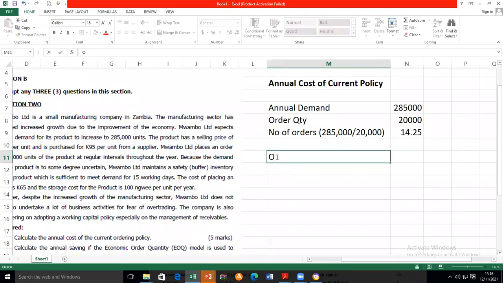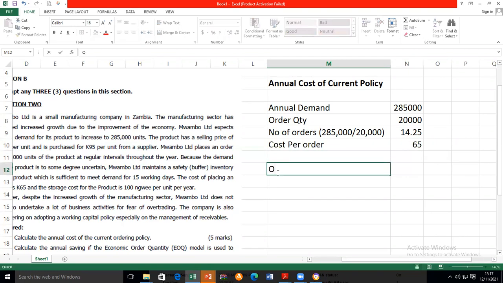So the ordering cost will be cost per order. How much is the cost per order, people? 65.